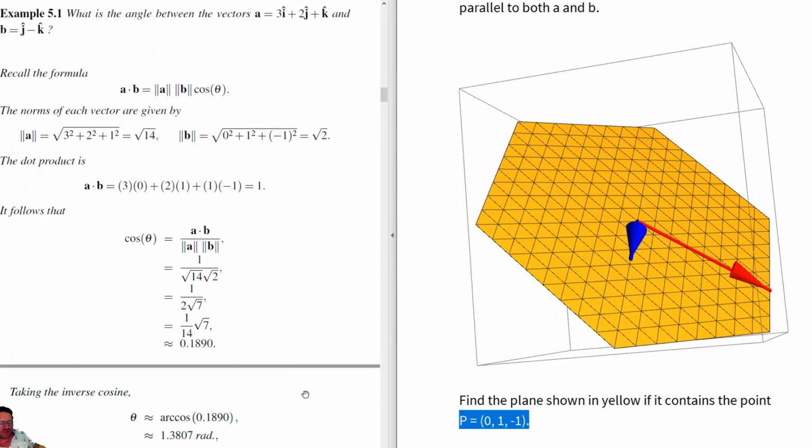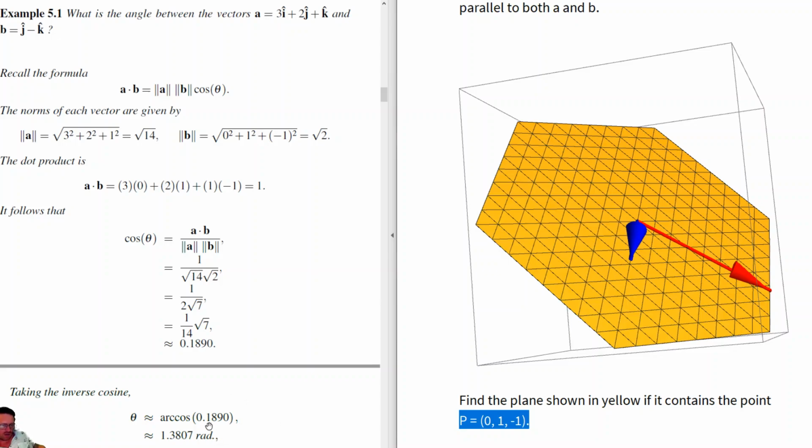Okay, now remember, to find the angle, we need to apply the inverse function of the cosine function. Now in your calculator, that's cos superscript minus 1 of 0.1890, but here I call it arc cos.